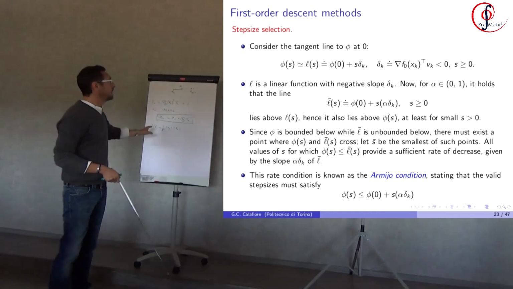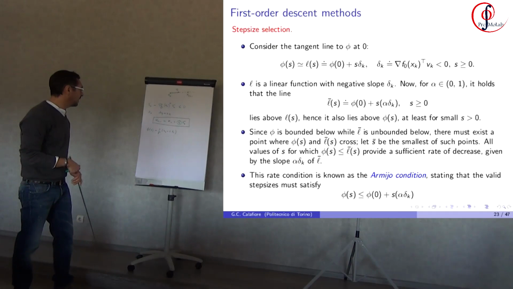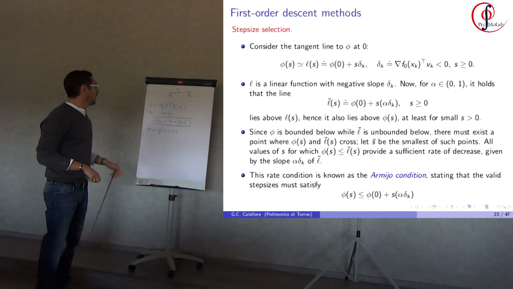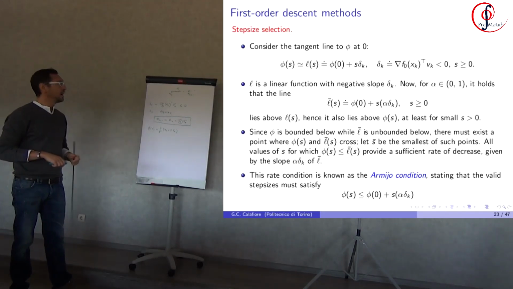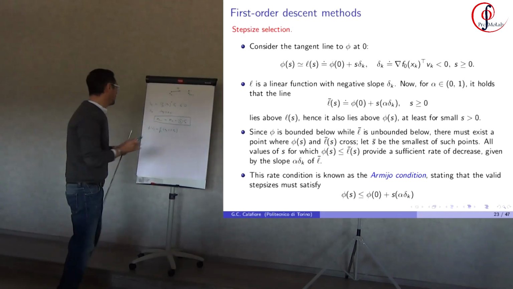So we take this function here and we compute the derivative of this function phi at 0.